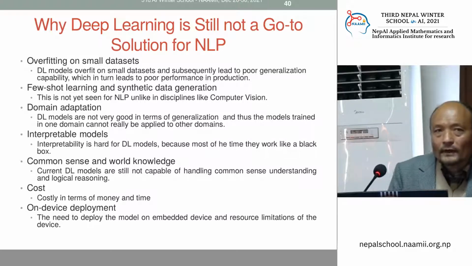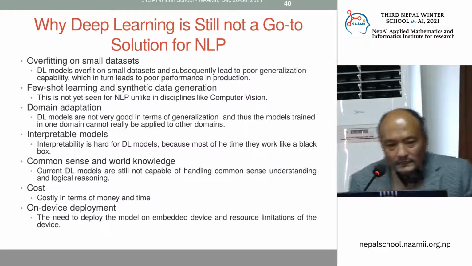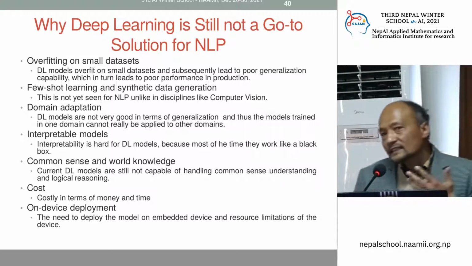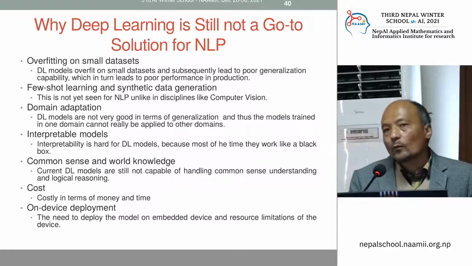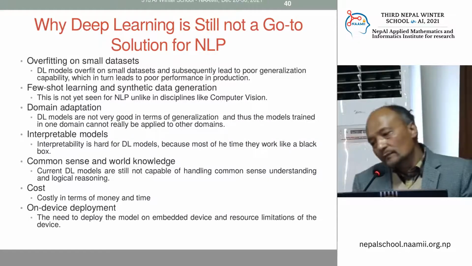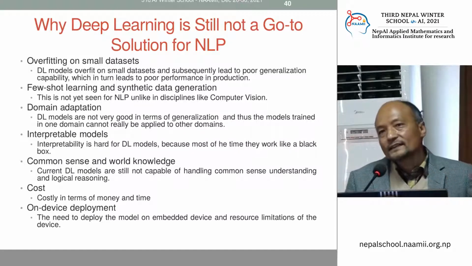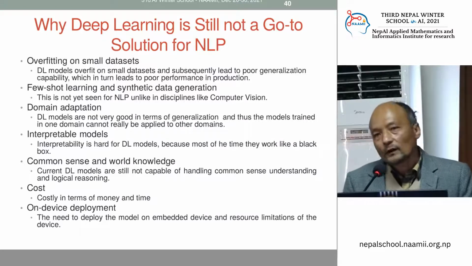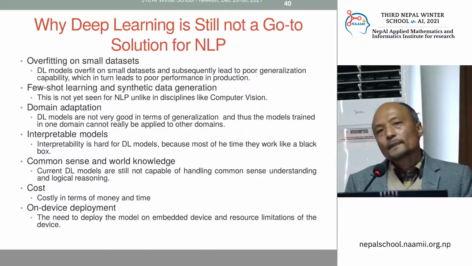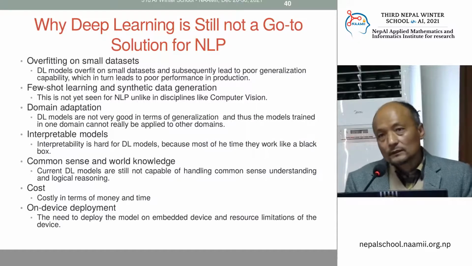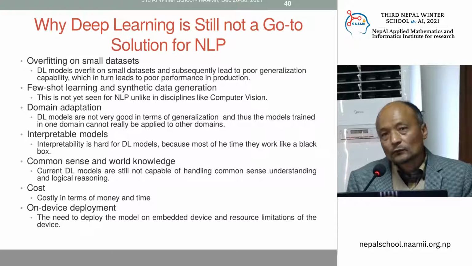On-device development: most tasks require deploying the model on the device itself, on embedded devices, for example mobile phones. These days mobile phones and embedded devices are getting more and more powerful, which is good news, but that might not be accessible to all of us. So that aspect could be a bottleneck here as well.